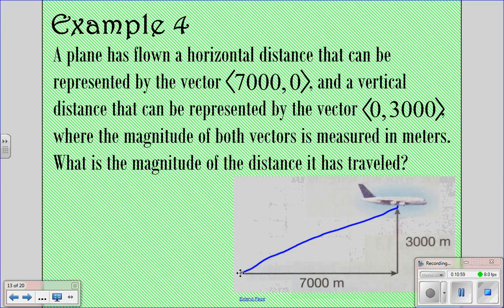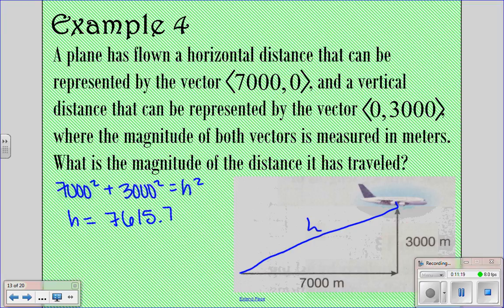And so that is the hypotenuse. The way we can find our hypotenuse, we can say 7,000 squared plus 3,000 squared equals the hypotenuse squared. And if you solve for the hypotenuse, you should get 7,615.77 meters. And so that would be the magnitude of the distance it traveled.